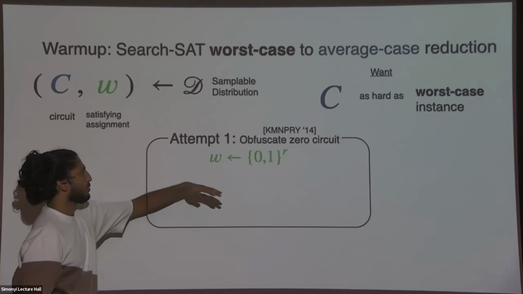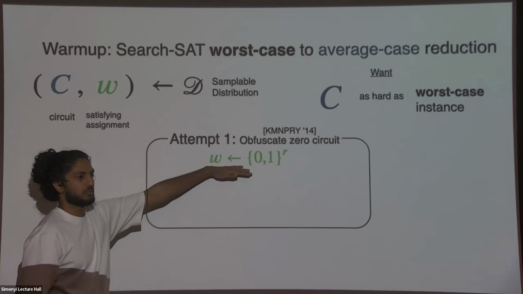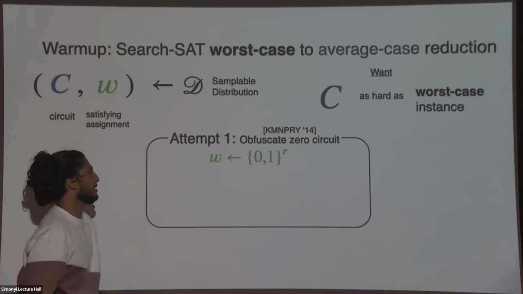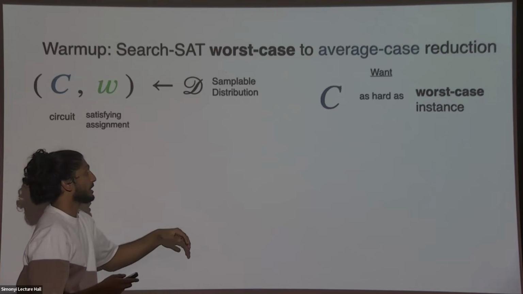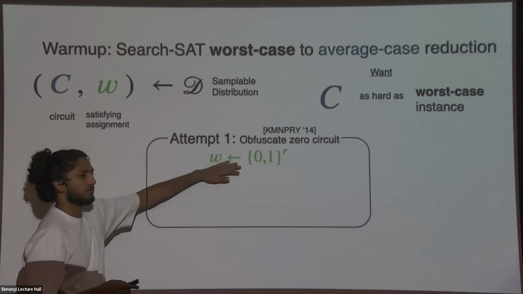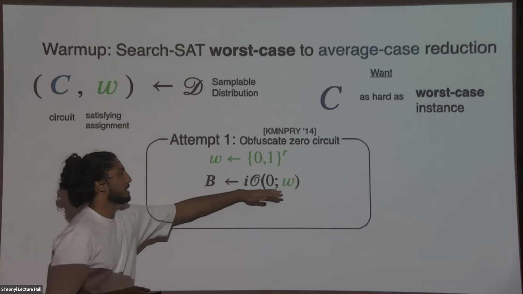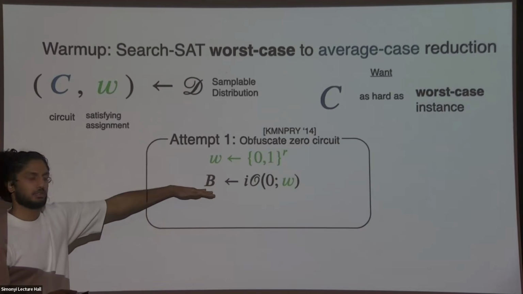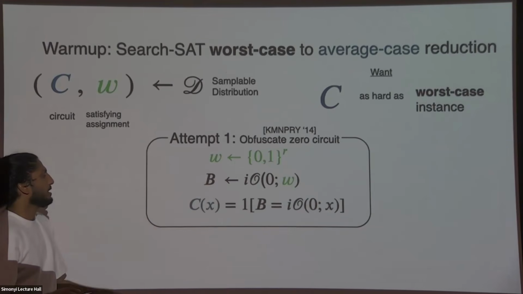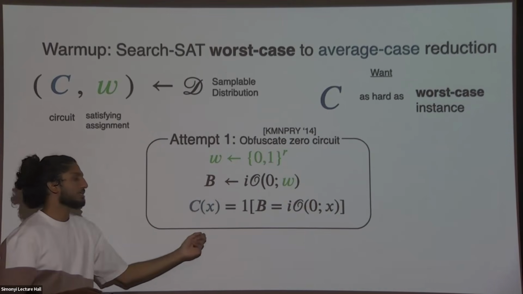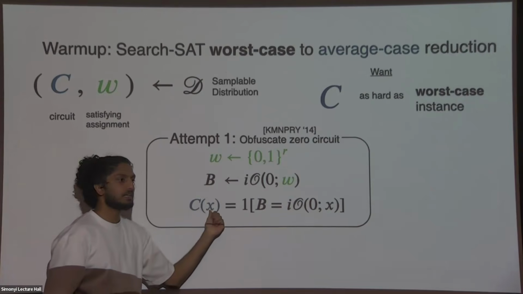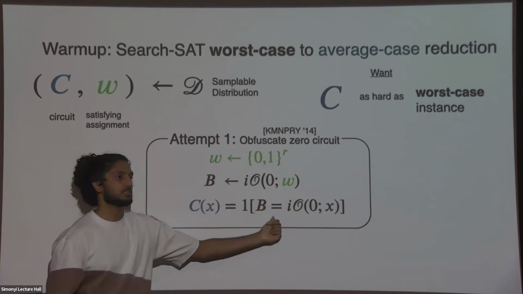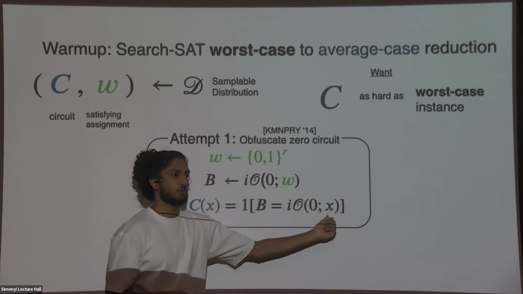It said, okay, I'm going to sample a random witness, which you should think of as randomness to the IO algorithm. Then I'm going to obfuscate the zero circuit to get some obfuscated circuit B. And now what is going to be my search instance? I'm going to say, hey, find an X such that B is the obfuscation of 0 with randomness X.